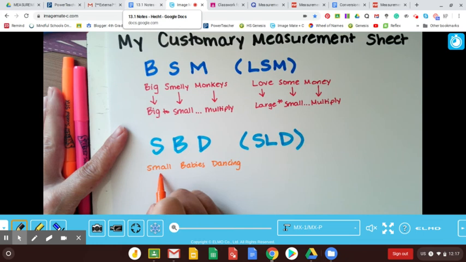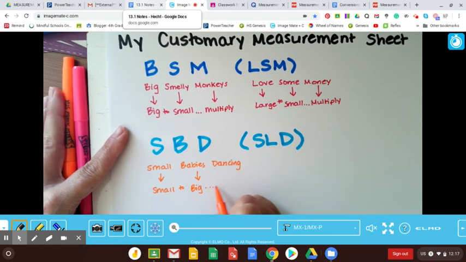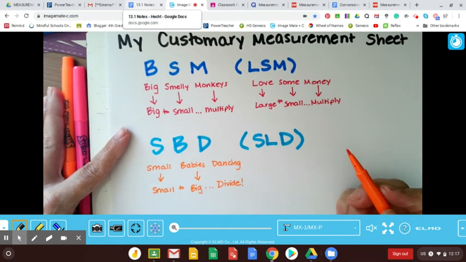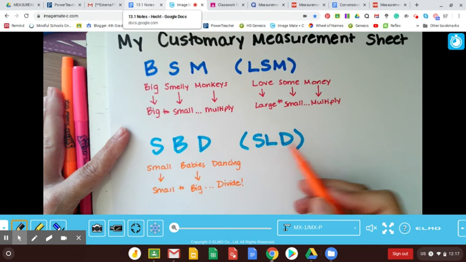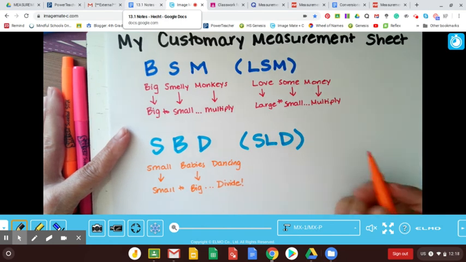And that stands for smaller units to a bigger unit, you are going to divide. SLD, you can do small ladies dancing. Instead of babies, it could be ladies. I've also heard strawberries look delicious.